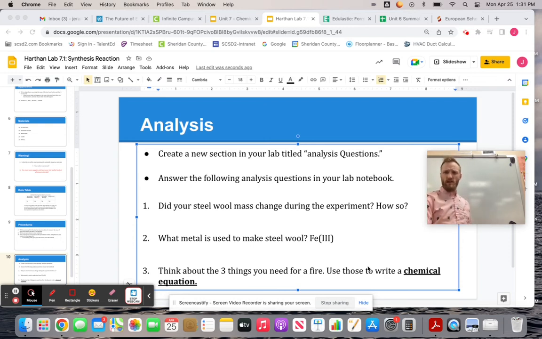So how does this work? How are we going to use this to write a chemical equation? We know we have iron, right? And what did we add to it? Well, we added oxygen. And now, what is that going to give us? Let's apply what we learned from the last unit and write our chemical formula for these.